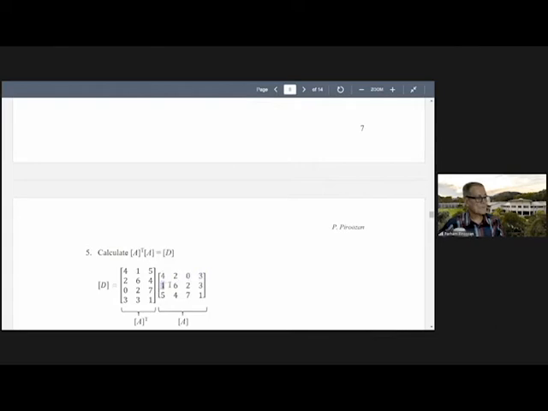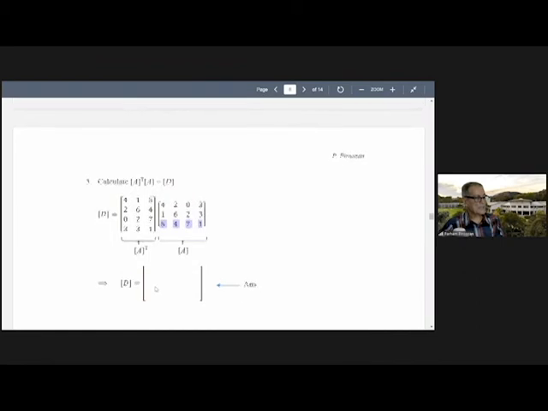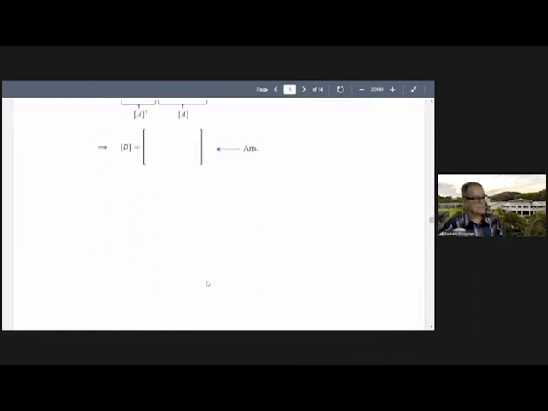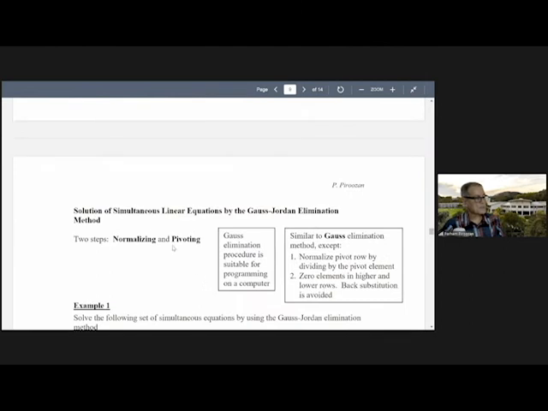Row 2 of matrix A, 1623, becomes column 2, 1623. And the same, row 3, column 3. So A transpose times A, again, is for you to do. These are just some simple operations for matrices.